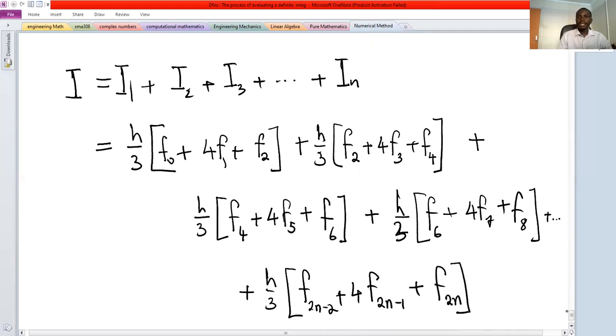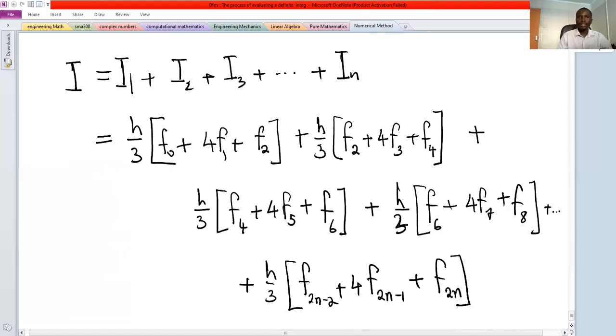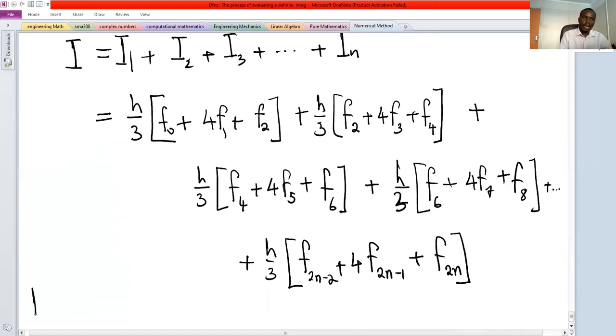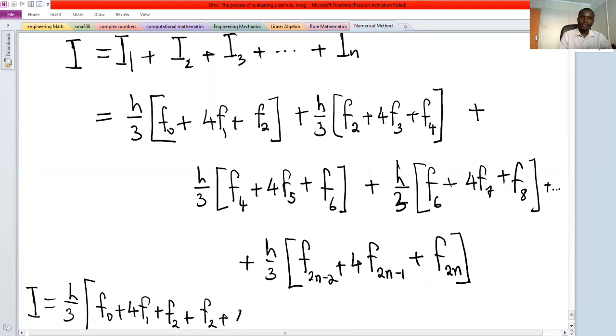And because each of the terms has h over 3, then we factor it out. So I is equal to h over 3 into f0 plus 4 f1 plus f2. This other one will have f2 plus 4 f3 plus f4.